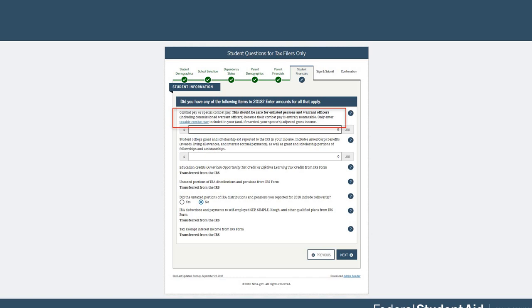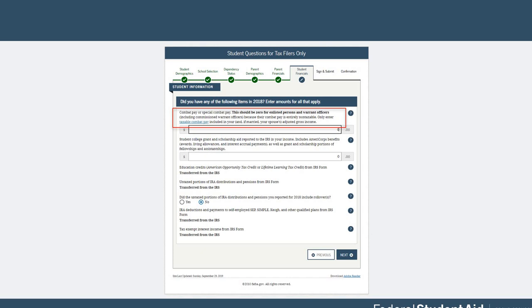Education credits transferred from the IRS. Untaxed portions of IRA distributions transferred. Did the untaxed portions of IRA distributions and pensions you reported for 2018 include rollovers? I doubt very much that you would have anything to indicate here. This is more for people who have built up some retirement funds over time.